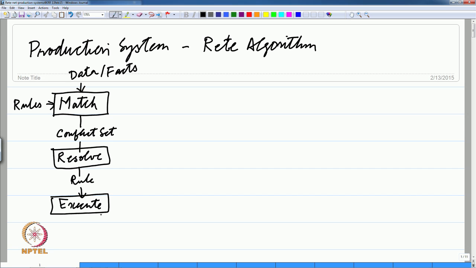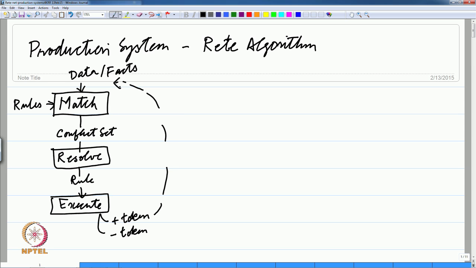And what execute does is produces either a positive token or a negative token, because we have said that you are allowed to delete statements in your knowledge base essentially, and then these are fed back into the network essentially.